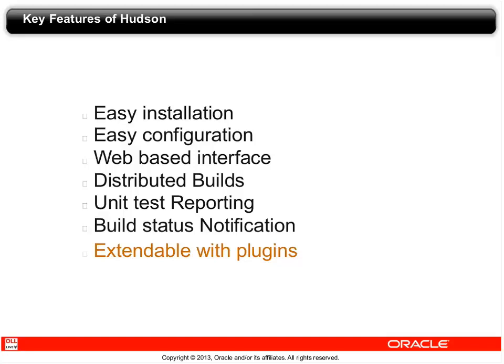It supports distributed building. That means you can have masters and slaves, and you can offload some of the work from the masters to the slaves. And as I mentioned earlier, in a distributed system, unit testing is very important. Everything is covered by the Hudson tool, and notifying the build status to the others in the team is very, very simple with Hudson.